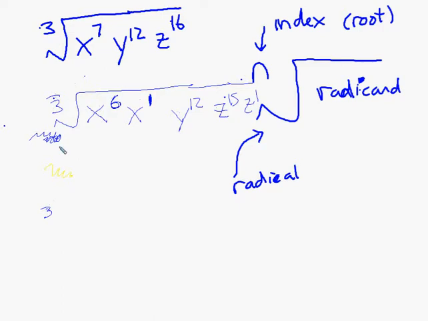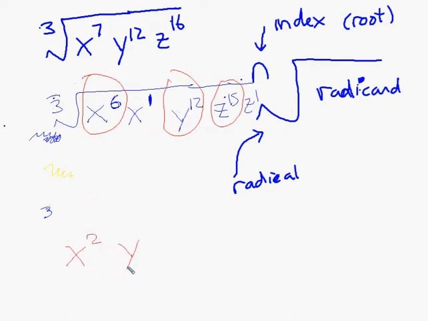Now, all the things that I'm about to circle, I can take the cube root of. Everything else, I cannot take the cube root of. So what's the cube root of x to the 6th? What am I going to do with that exponent? Divide it by 3 and get 2.